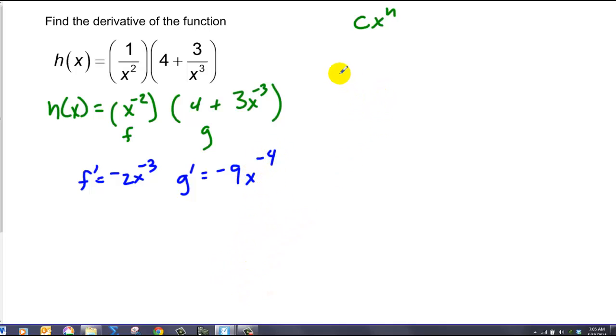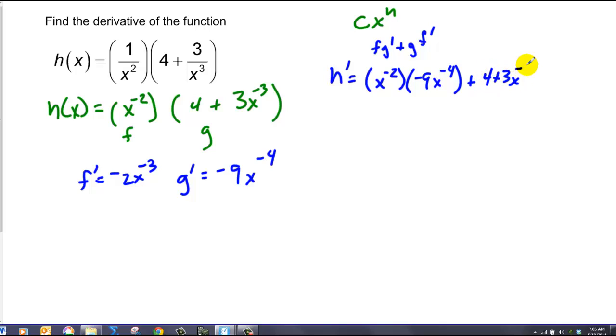Once again, we'll find h prime by going f g prime plus g f prime. So I have x to the negative 2 multiplied by negative 9x to the negative 4 plus 4 plus 3x to the negative 3 multiplied by negative 2x to the negative 3.